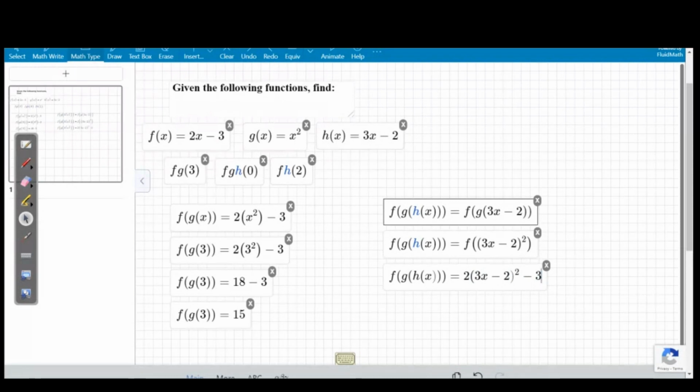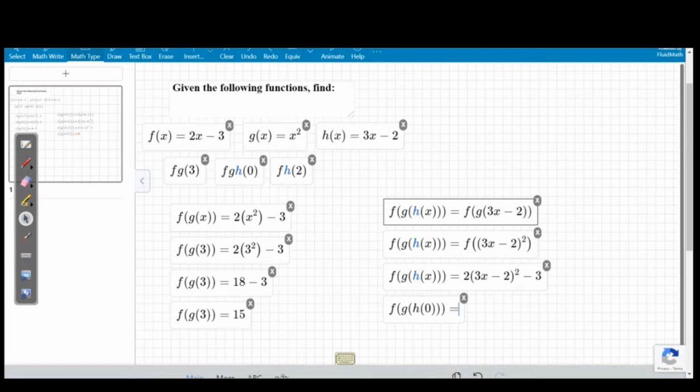Now we are asked to find f of g of h of 0. So this becomes f of g of h of 0. So wherever we see x, we put 0 there.